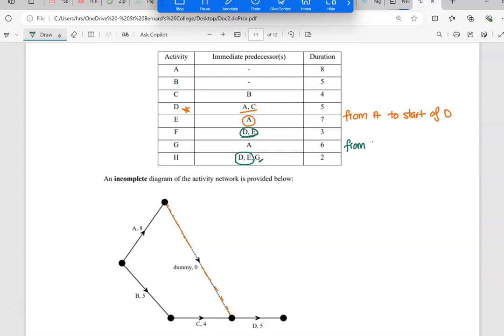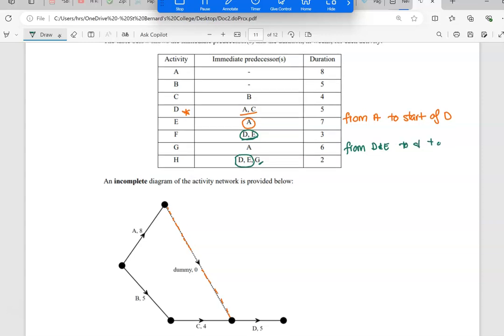So it's going to come from D and E, and then it will go to the start of H. If we know that, it can make it easier drawing the diagram.